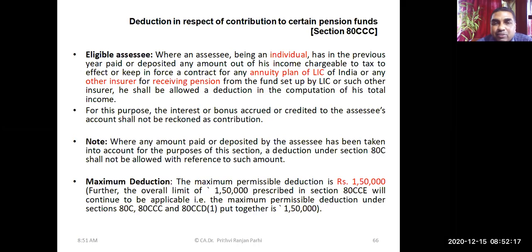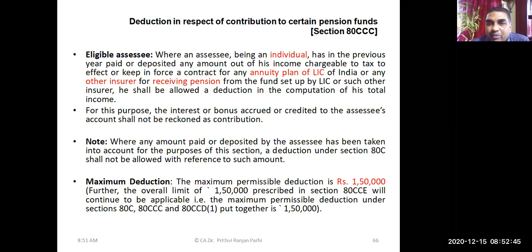This contribution can be made to keep in force the contract for any annuity plan of Life Insurance Corporation of India or any other insurer. It might be LIC or any other insurance company. If money is contributed for an annuity plan, then that money is eligible for deduction under section 80CCC.